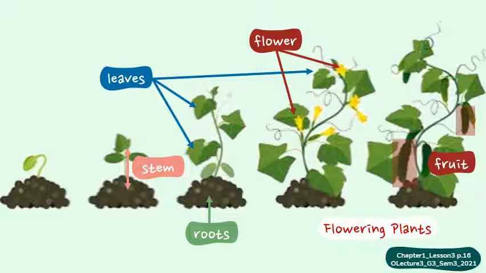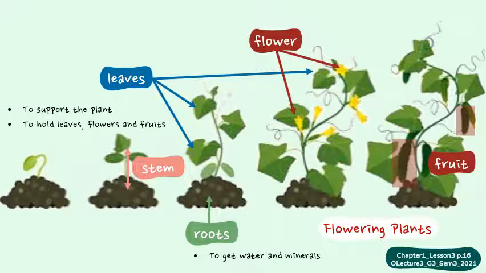Each one of these parts has its own function in the plant's life cycle. The roots, for example, help the cucumber plant to take water and minerals from the soil. The stem supports the plant and carries the leaves, the flowers, and the fruits.